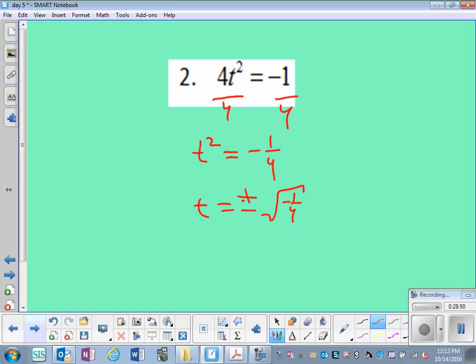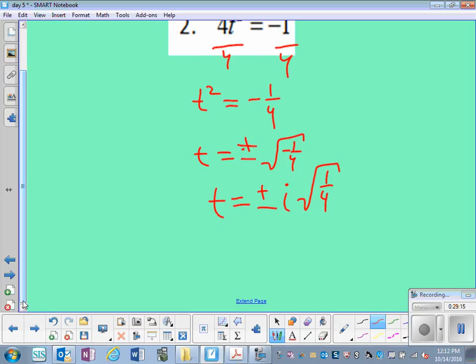Yes. So t equals plus or minus, because we have that negative under this square root, we take it out as i, and then I still have the square root of 1 over 4. Can I simplify that?